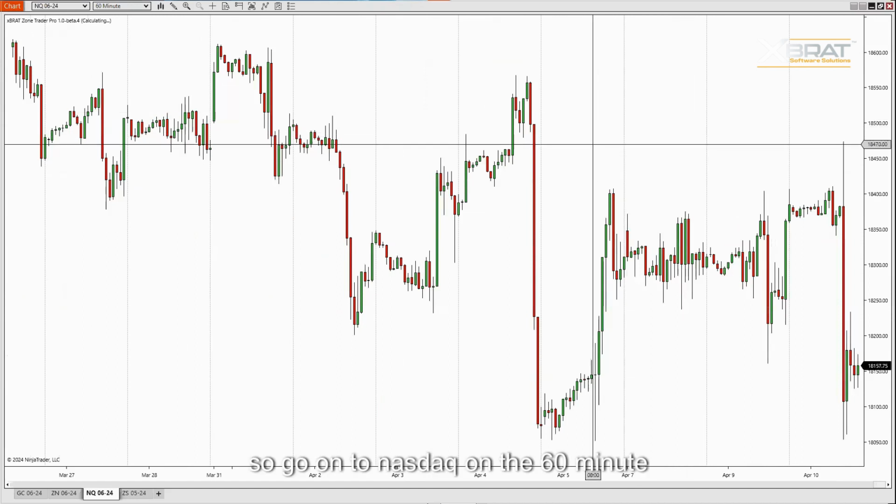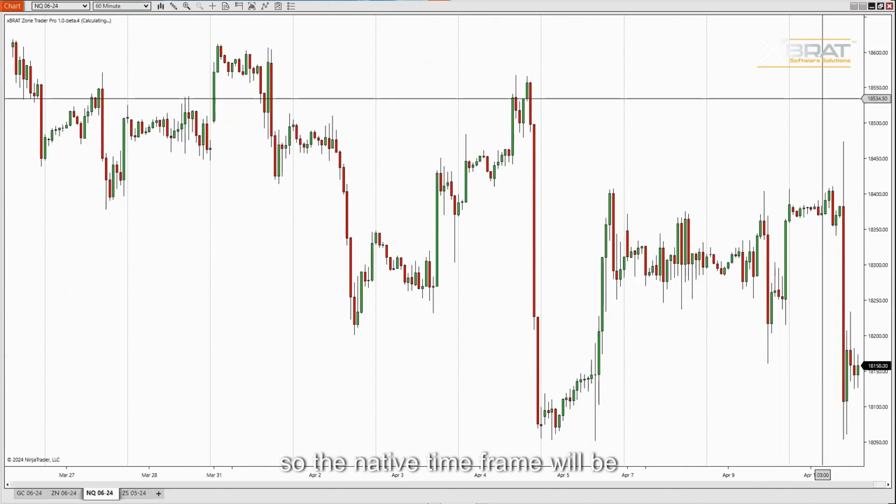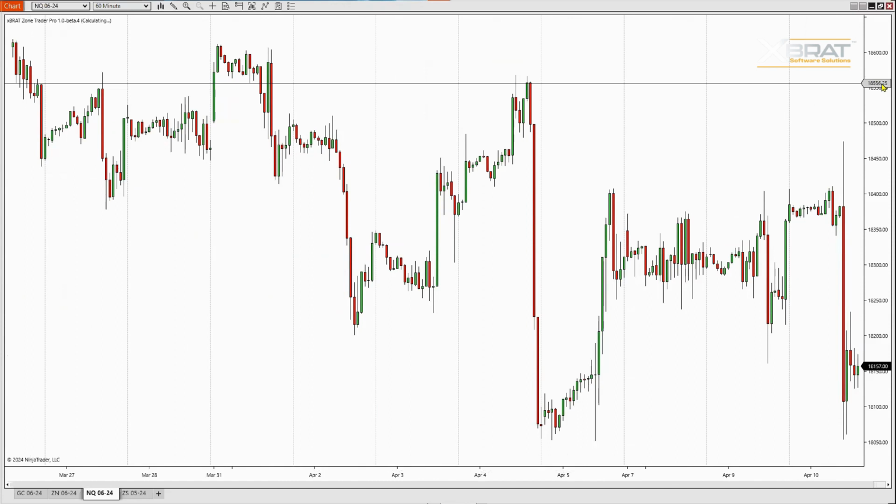So going to NASDAQ on the 60-minute. The native time frame will be the yellow. And then you see, we may want to add for stocks a 195 zone.